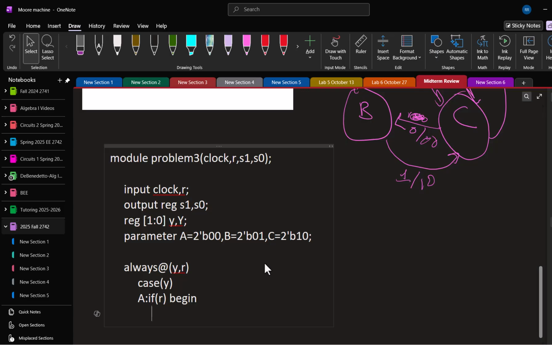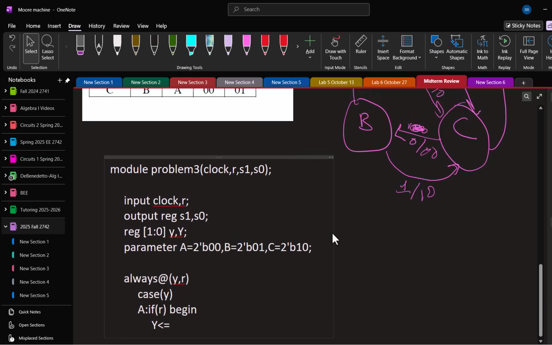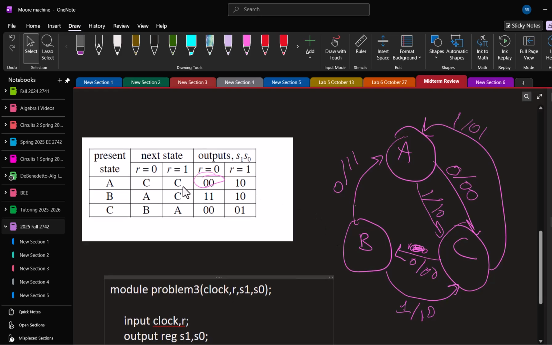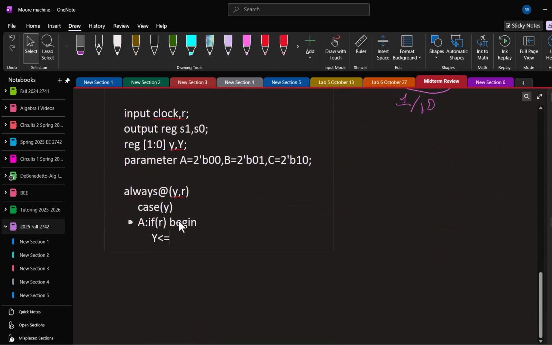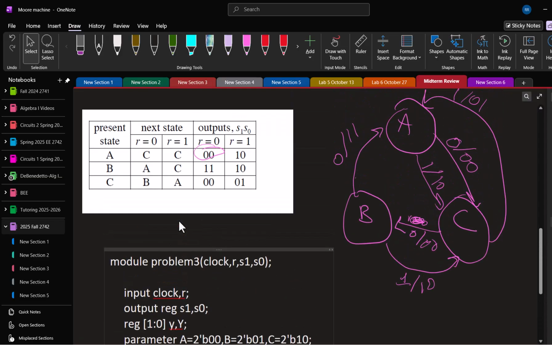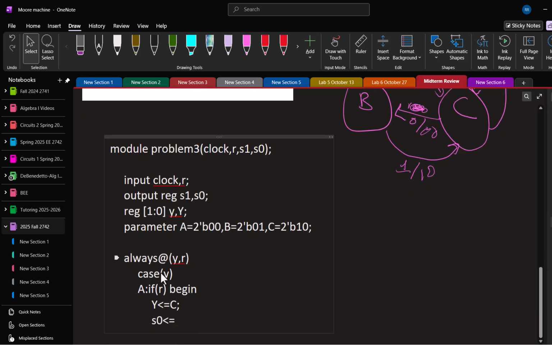So if R, my next state is going to be, so when R was 1 and I'm in A, my next state will be C. S0 becomes equal to, well, let me do S1 first because that's the order they're in the table.